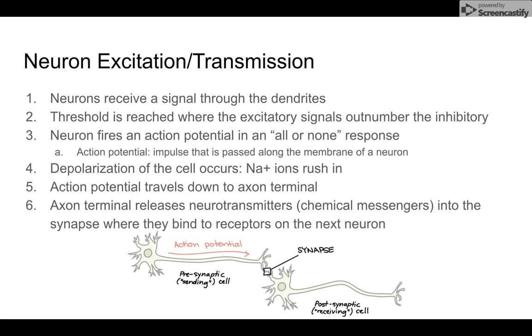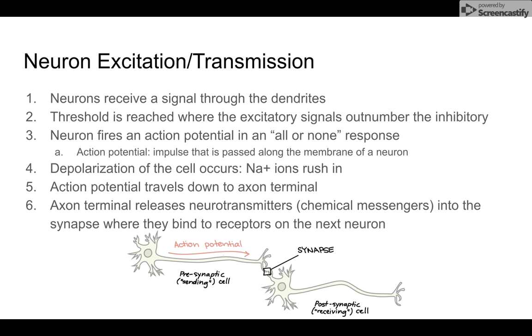Now we'll go into excitation and transmission. Neurons receive a signal through the dendrites, and then a threshold is reached where excitatory signals outnumber the inhibitory signals. Next, neurons fire action potentials, which is the all or none response.